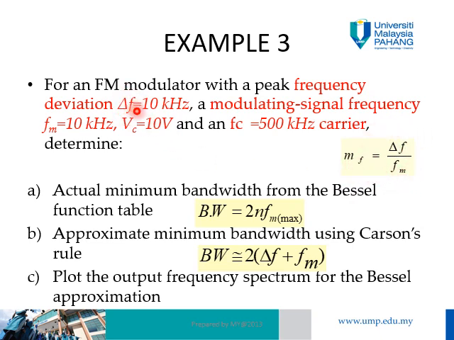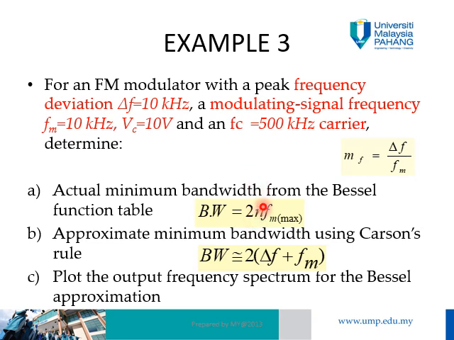Delta F is given as 10 kHz, fm is 10 kHz. So you get the value of modulation index, which is equal to 1. From the Bessel table, you can get the number of significant side frequencies, N, which is 3 as previously. We have seen that when m equal to 1, you will have 3 significant sidebands.